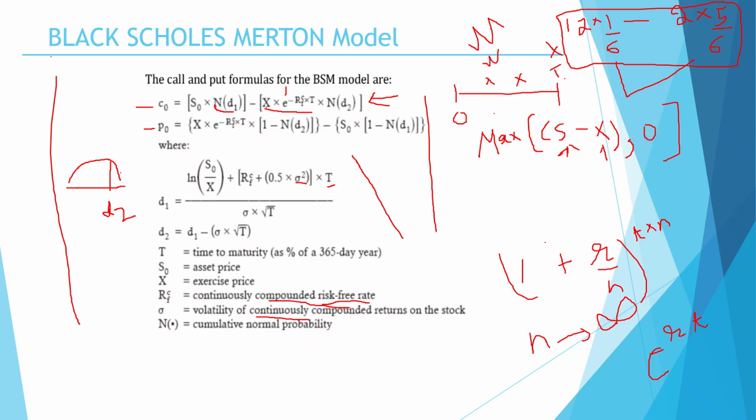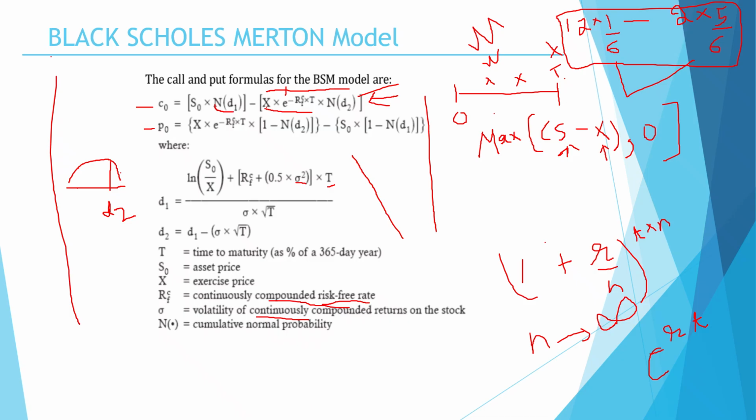Only then the option will be exercised, and only then there will be a value of the option. Otherwise, it will have a zero value if the stock price is less than the strike price. So this will provide the probability that the stock price will be greater than the strike price. And we are using this as a weight for this element of this equation.